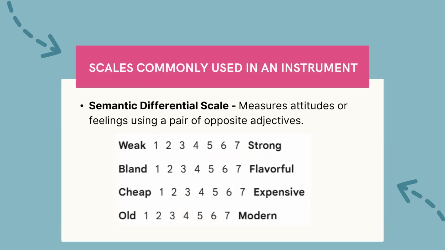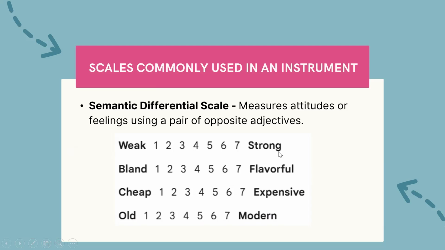Next we also have the semantic differential scale. So you can make use of this as well. This measures attitudes or feelings using a pair of opposite adjectives. Here, we still use numbers, for example, numbers 1 to 7, and on the opposite sides we have, for example, weak and strong.